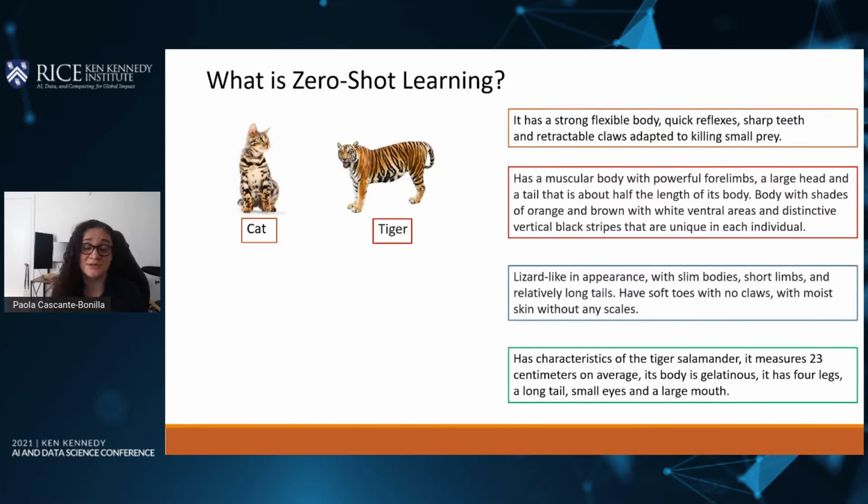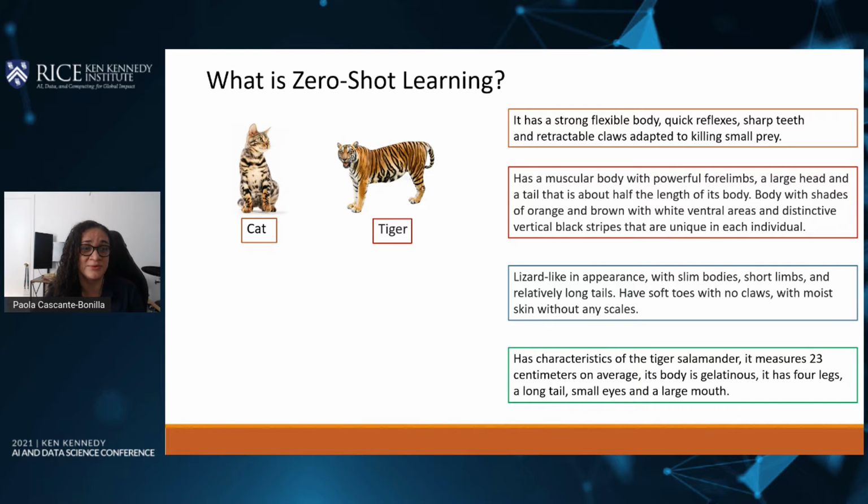So what is zero-shot learning? In computer vision, zero-shot learning refers to the task of recognizing images for which classes are not available during the training time, but other data, for example, textual descriptions or attributes for all classes, are available. For example, here I may have a lot of images of cats and tigers, and I have all this text, for example: flexible body, strong, flexible, quick reflexes, small paws.